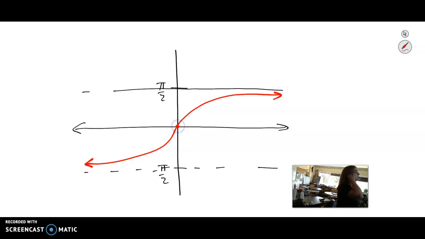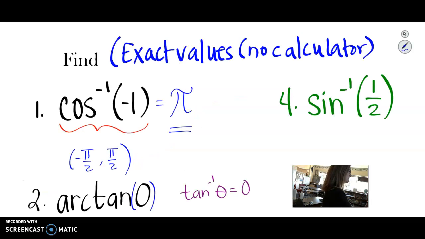So anyway, we're trying to find the tangent of what angle gives us 0 in this graph right here, and the only one is this one right here. So tangent of 0 is 0.